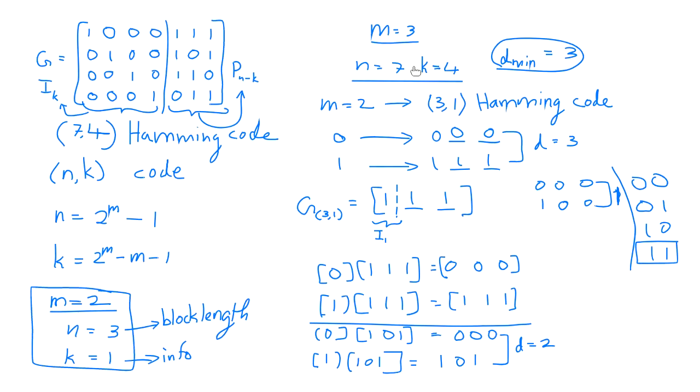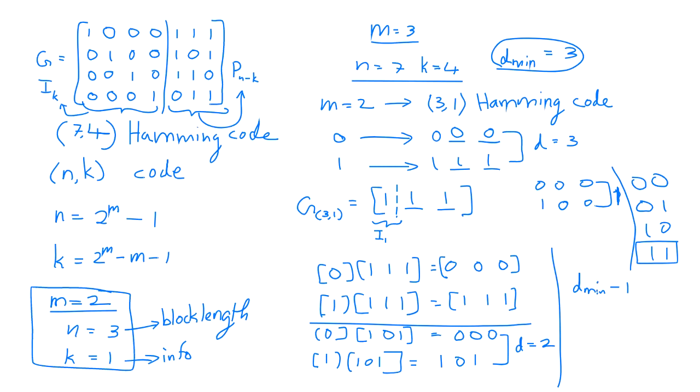If you remember, the number of errors that can be detected, we did that also in the previous lecture and even before that, the number of errors that can be detected is d min minus 1, right? That is the number of errors that we can detect with guarantee.